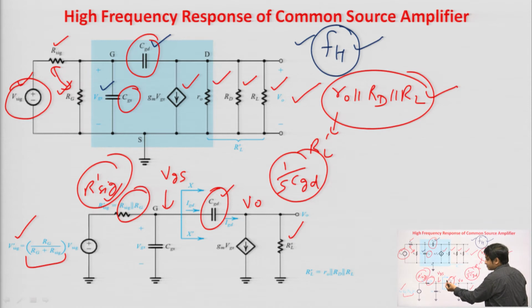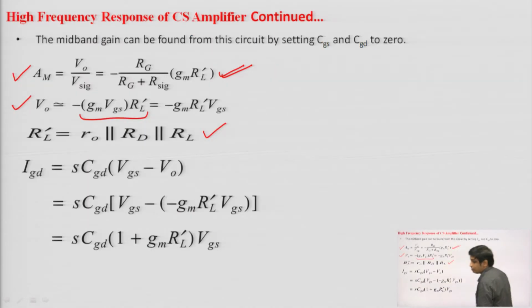So, we can write the expression for IGD, the current flowing through the capacitor, as the voltage difference across the capacitor upon the impedance of the capacitor, and remember that the impedance of the capacitor is 1 by SC. Here the C is CGD, gate to drain, fine. By doing this we get IGD equal to S CGD into VGS minus V naught.